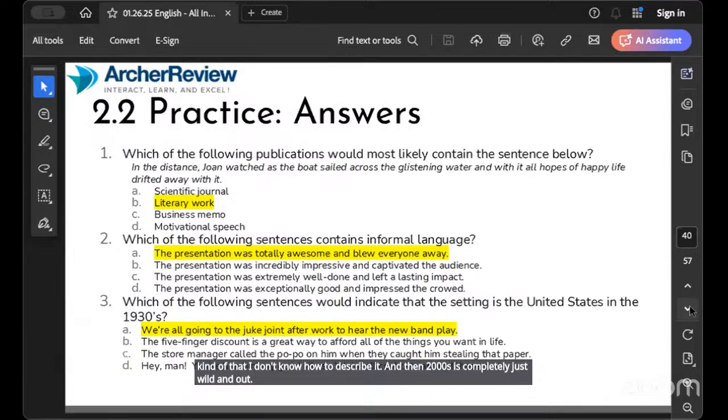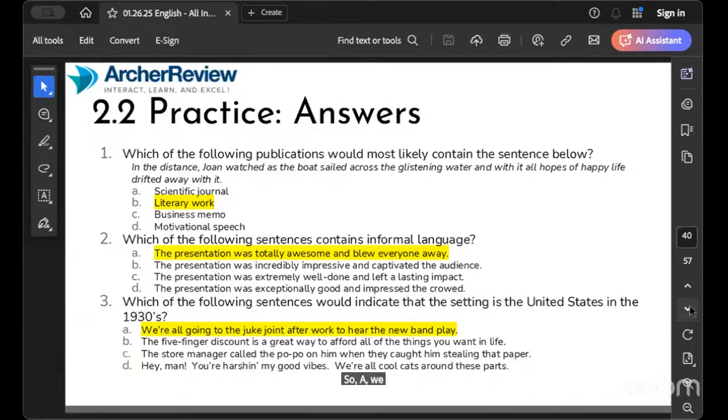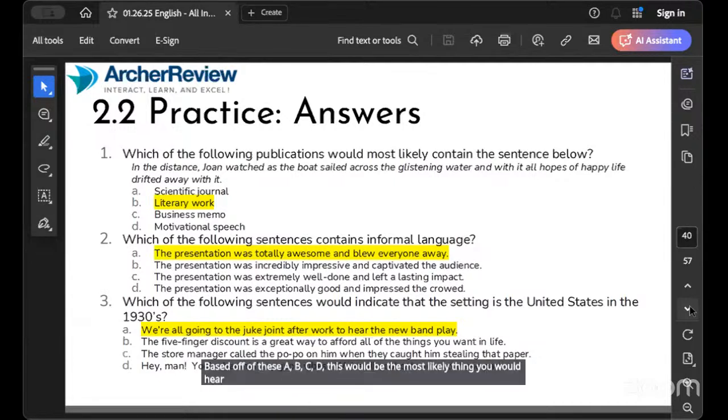So, A, we're all going to the juke joint after work to hear the band play. Based off of these A, B, C, D, this would be the most likely thing you would hear during the 30s. The 5 finger discount, that came about in the 90s. Didn't know what a juke joint was until I just looked it up.